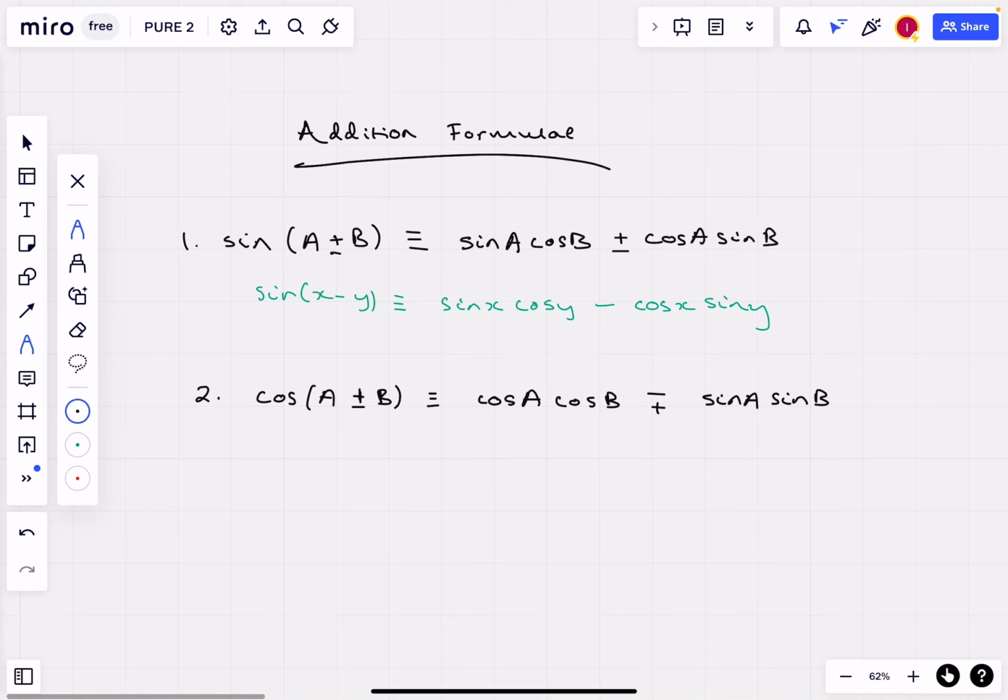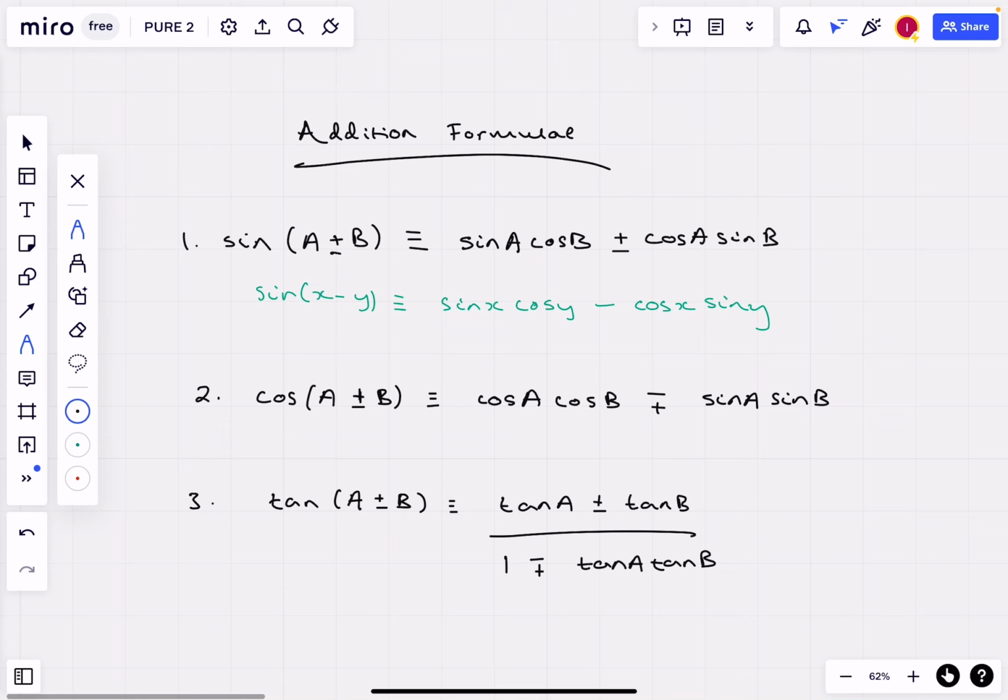If inside the bracket you have a minus, outside the bracket you're going to have a plus. Okay, the last one. Tan A plus B. Sorry, A plus minus B. You're going to have tan A plus minus tan B all over 1 minus plus tan A tan B.